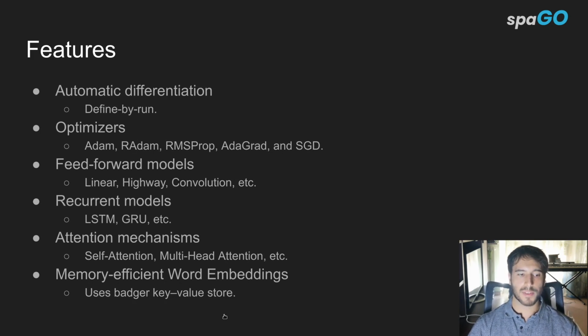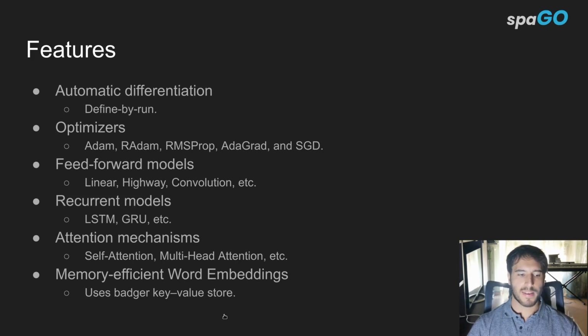We have recurrent models, from the most famous long short-term memory, or LSTM, which is a really powerful type of recurrent neural network. We also have the gated recurrent unit, or GRU, and attention mechanisms, really crucial components for state-of-the-art language models.